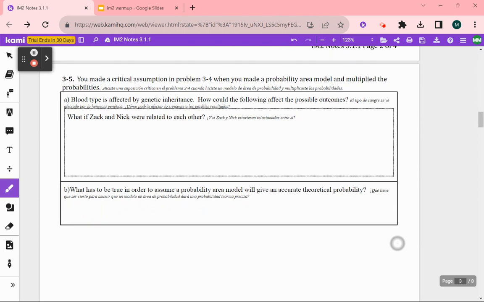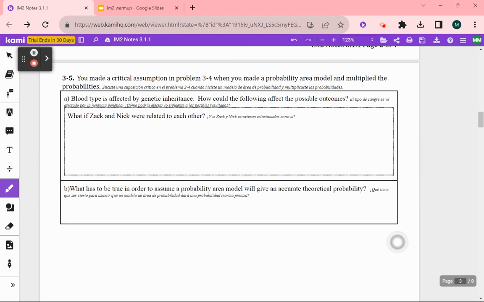Okay, 3-5. We made a really important assumption in problem 3-4 when we made a probability area model and multiplied the probabilities. Blood type is impacted by genetic inheritance. How could the following impact the possible outcomes? For example, what if Zach and Nick were related to each other?